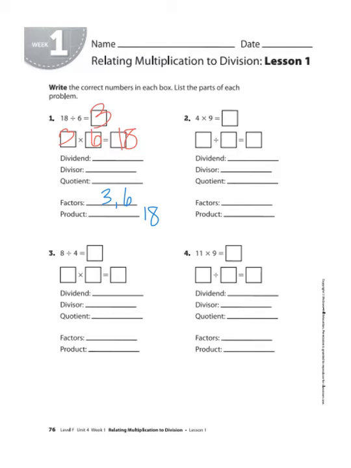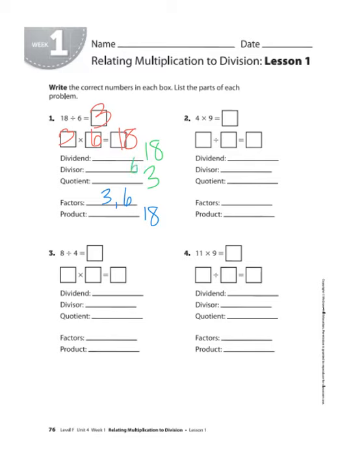So the quotient in this one is not 18. Let me use a different color. It is 3. My dividend is with the number that I started with, my biggest number. That's going to be 18. And my divisor is what we are dividing by, and that was 6.